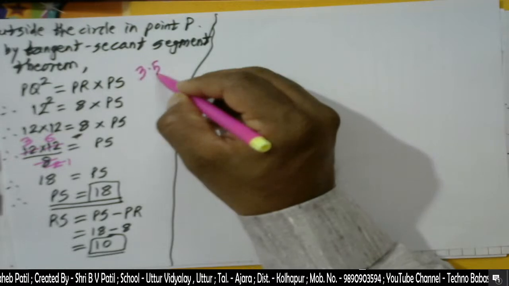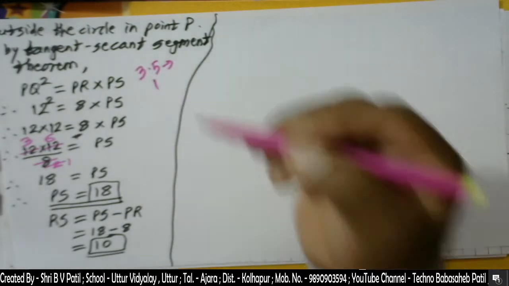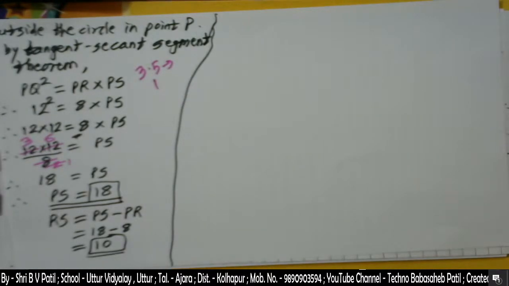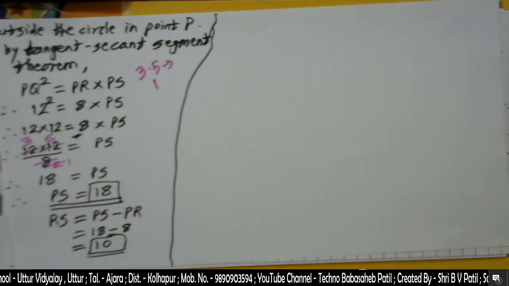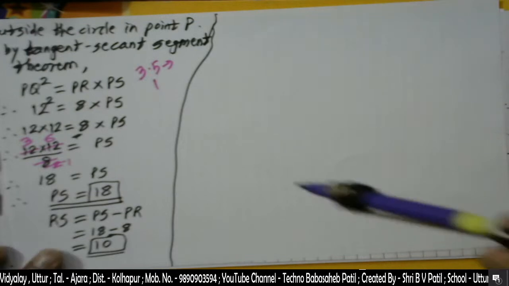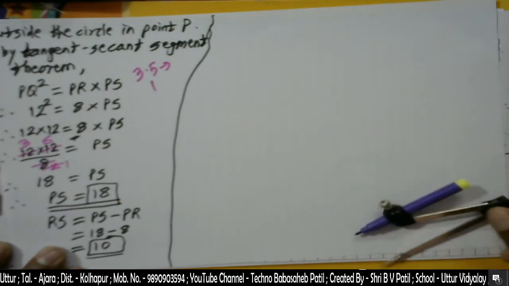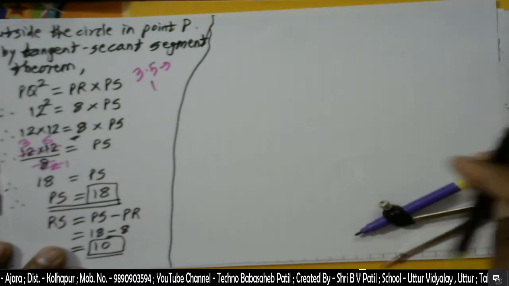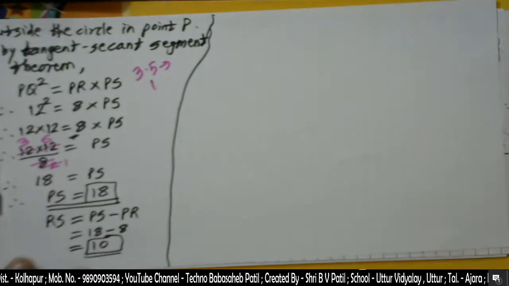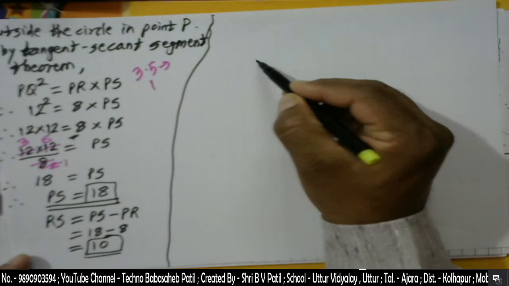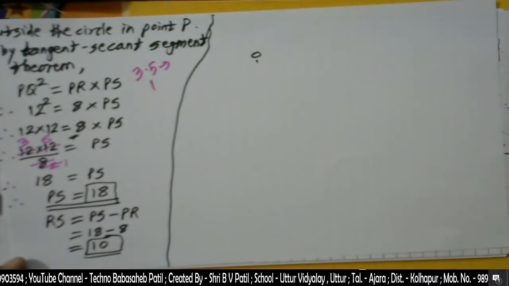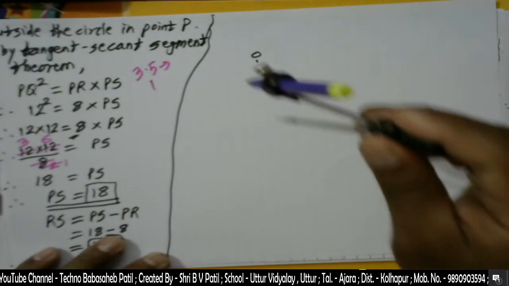Practice set 3.5. This is example number 1. O is the center given here.